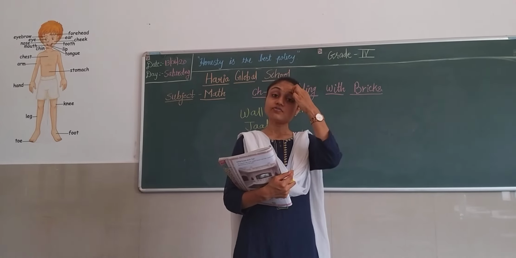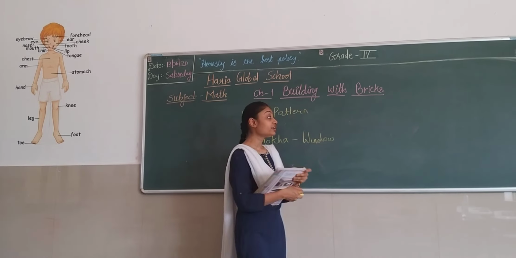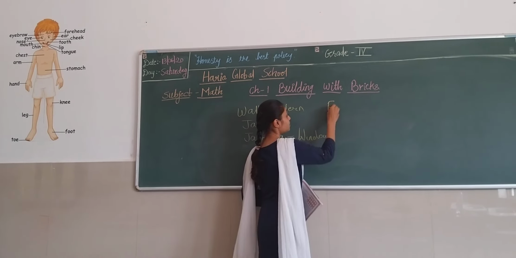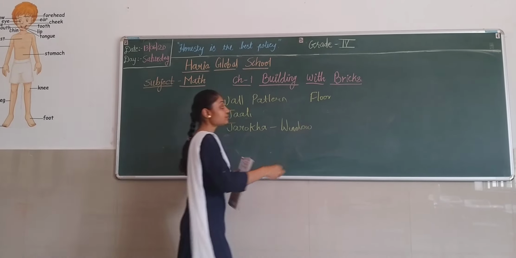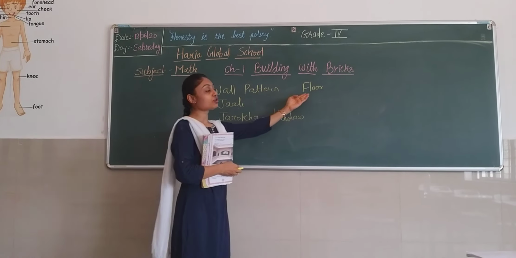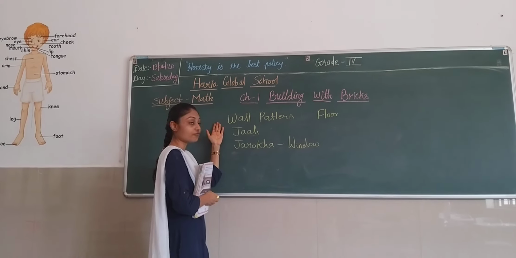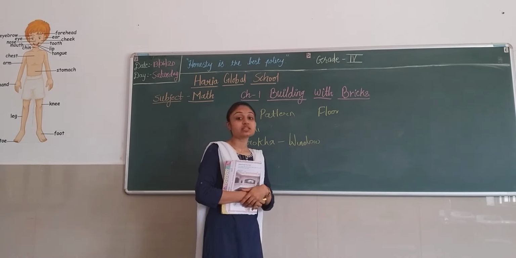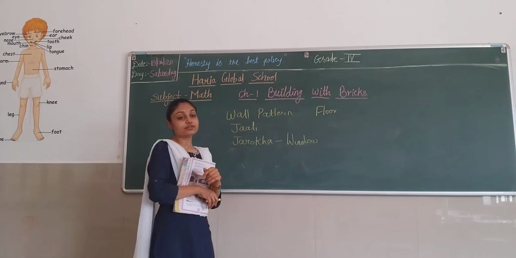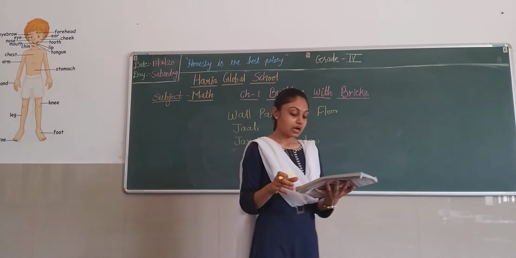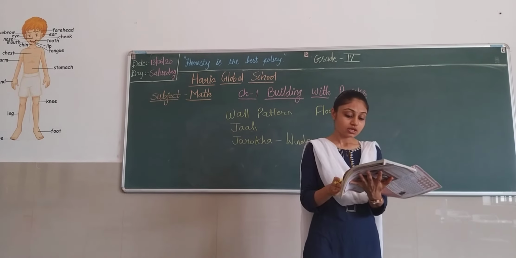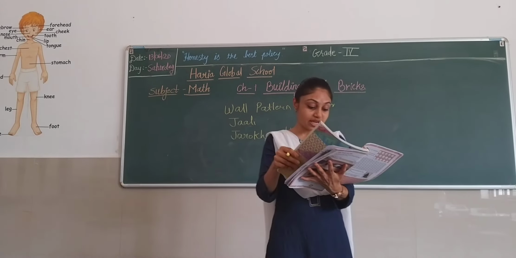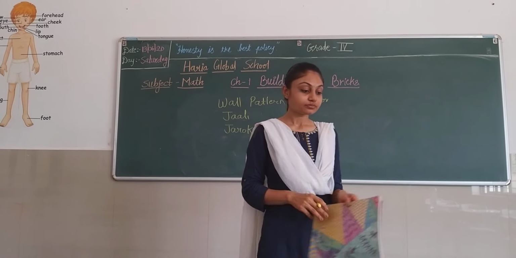So here we prepared 4 different patterns with the help of brick: different patterns of floor, different patterns of wall, jali patterns, jali which comes in the wall, and Jharokha, different window patterns.